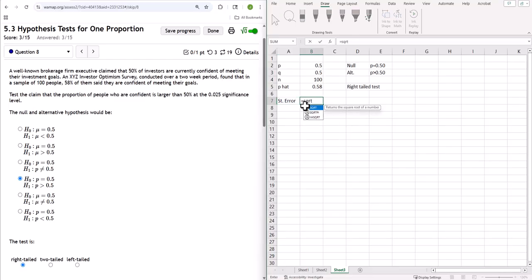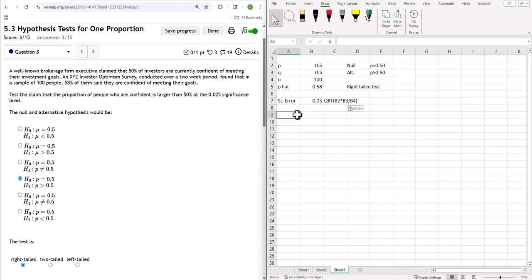Okay, so the standard error. The standard error is the square root of P times Q divided by N. And again, all of that is inside the square root. It came out to exactly 5/100ths. I was a little weirded out.